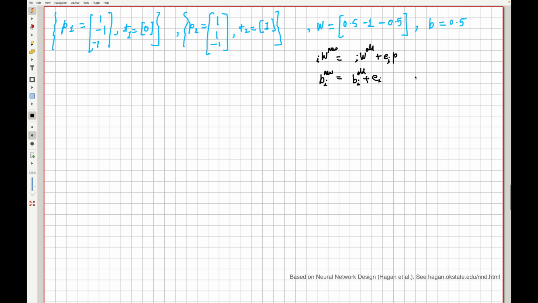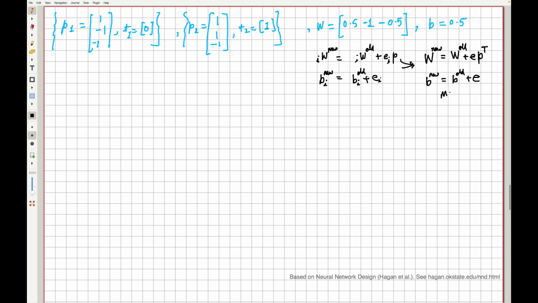And with this, we have the value for the Perceptron rule, that's for the individual row case, individual neuron. If we write it in the matrix notation, it would be capital W new is equal to capital W old plus e P transpose, and likewise for b new we have b old plus e.